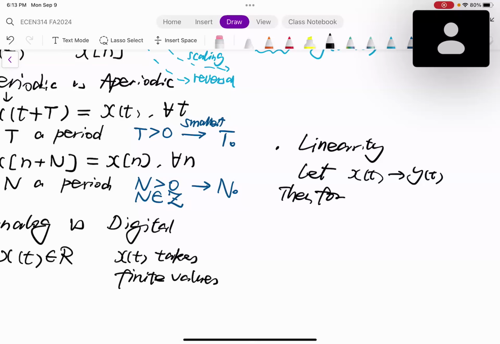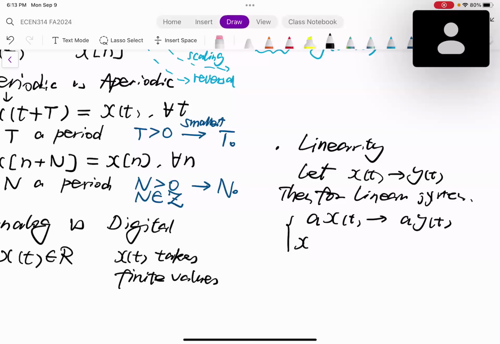Then for a linear system, what we end up having is if you scale the input, the output will be scaled. That's called homogeneity.